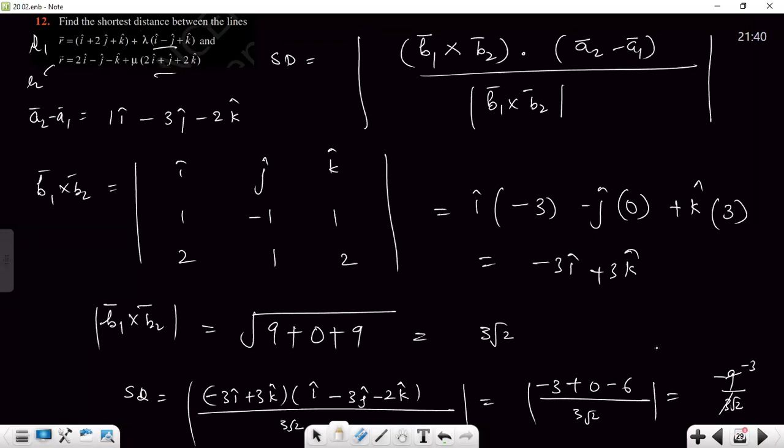Because there is a modulus, the shortest distance becomes 3 by square root 2 units. Understood? Yes or no? Yes, sir.